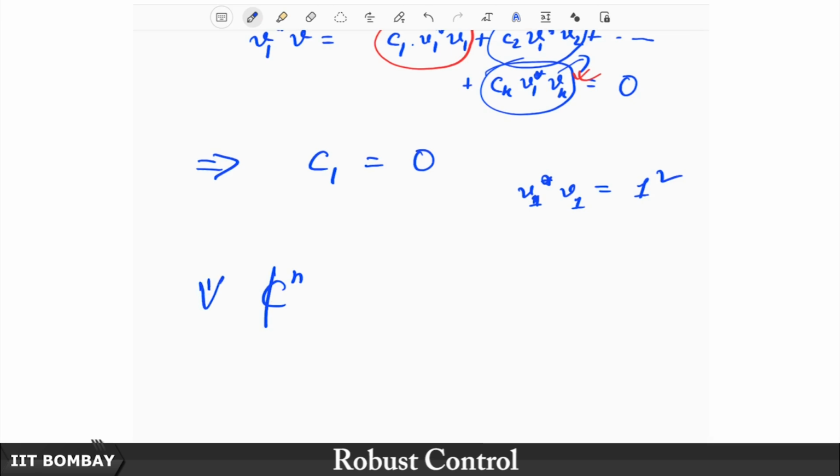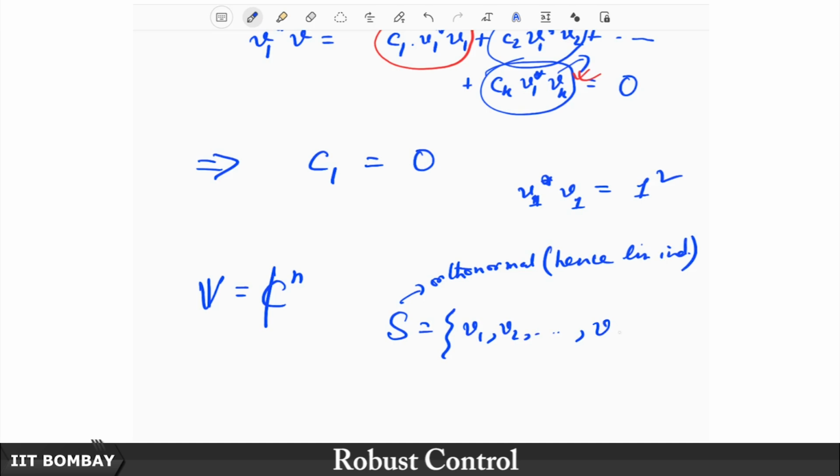So, this is our vector space V, and we have this set which is an orthonormal set of vectors, hence linearly independent as we have just shown you. So, let us say this is V1, V2 dot dot dot till Vk, and clearly k has to be less than or equal to n.